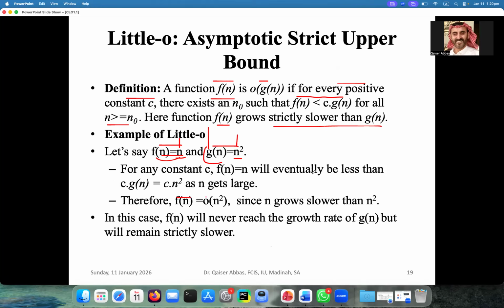Therefore, you can write little o of n square, which means this n grows slower than n square. N square is always higher.